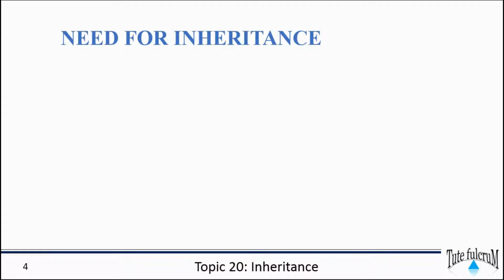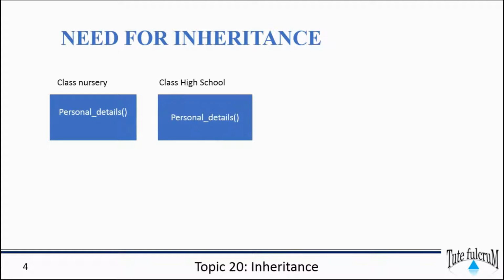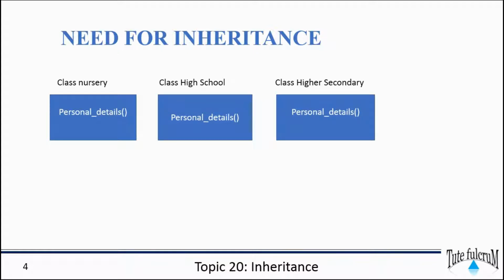Now, what is the need for inheritance? Consider various groups of students, let's say belonging to nursery level, high school and higher secondary levels. We need to create classes for nursery, high school and higher secondary. The method personal details will be the same for all the three classes.